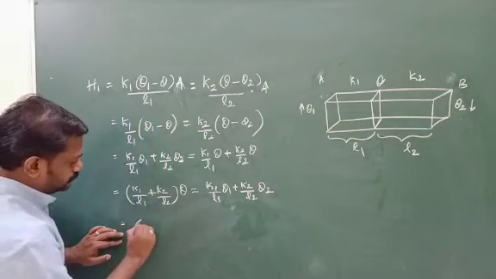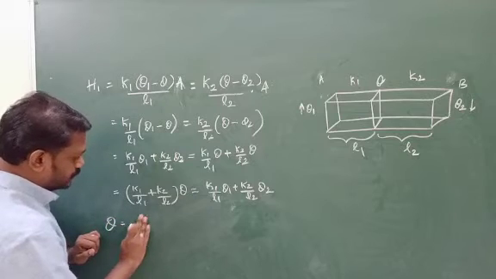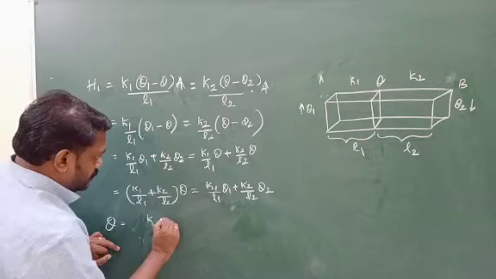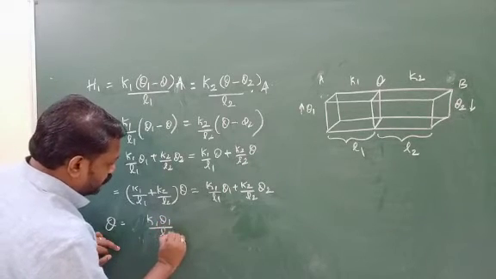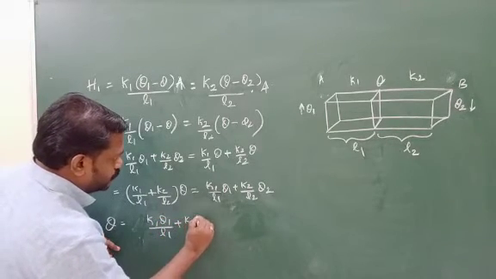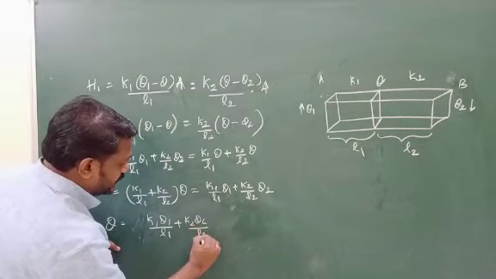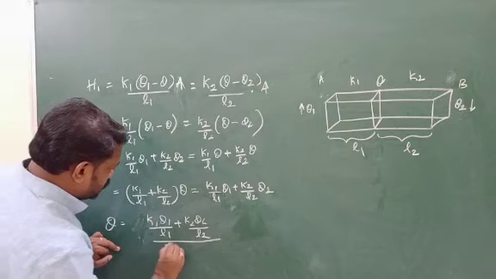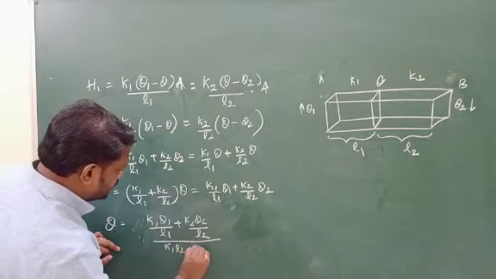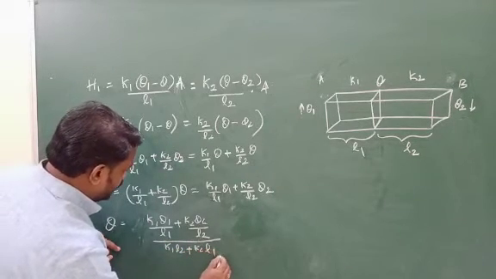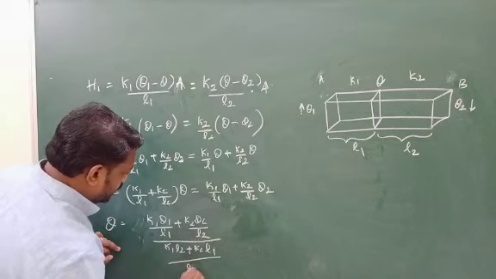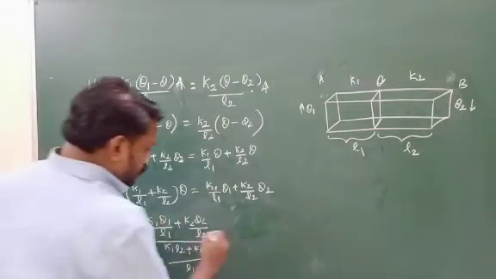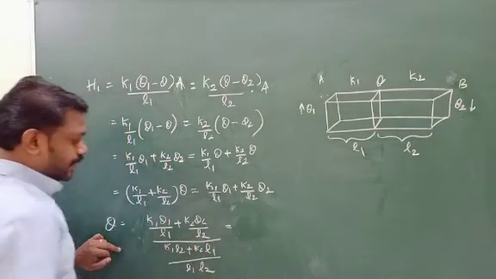Therefore, theta equals K1 theta 1 by L1 plus K2 theta 2 by L2 divided by, you cross multiply this one, K1 L2 plus K2 L1 divided by L1 L2. Okay, you can cross multiply in the numerator also.